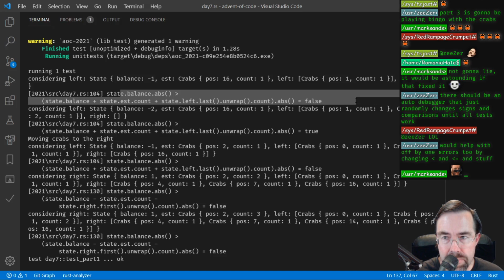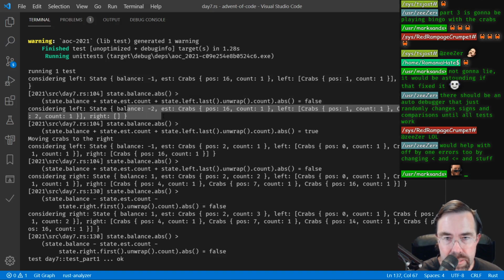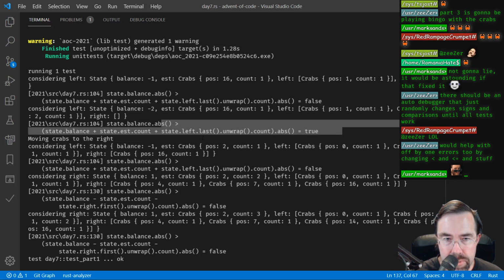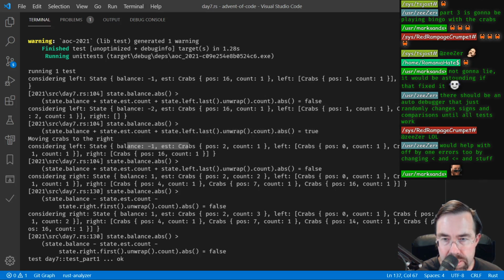Right, so it's balanced. Well, this is where we know we can't rebalance it. Then we put it on the left again, and then we might be able to balance, move it to the right, and now the balance is -1, where our estimate is now position 2. There's 1 to the left, which is a 0, 1 to the right, which is a 16.